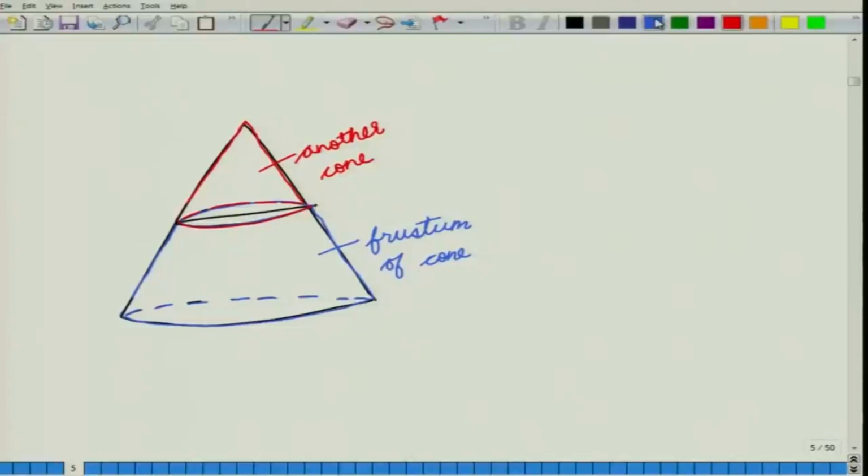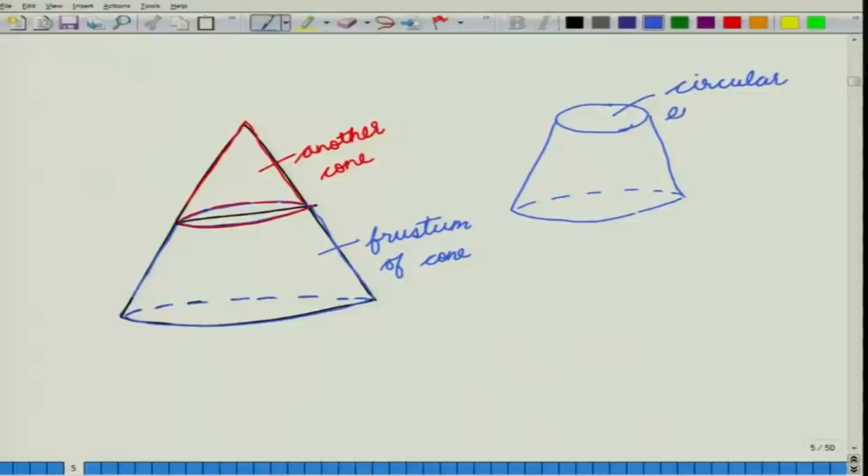If we drew the frustum of the cone again, its top would be circular, the sides will be straight and the bottom edge will also be circular. So, this is a circular end, this again is a circular end.